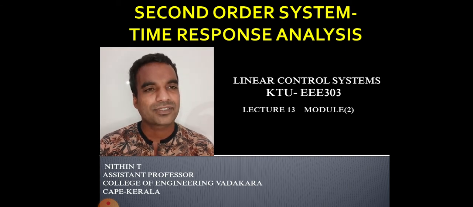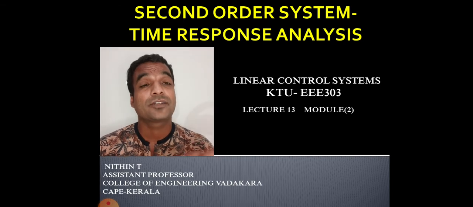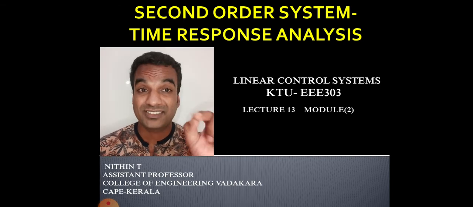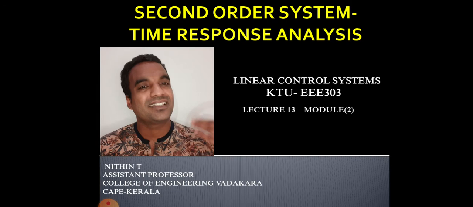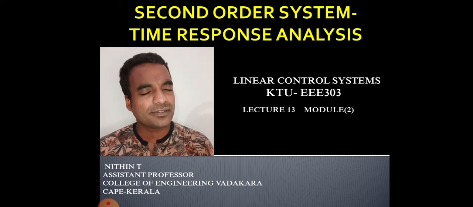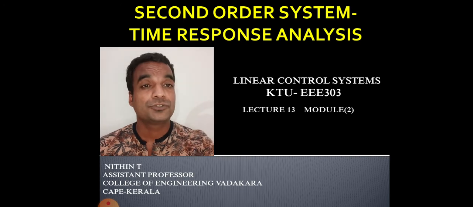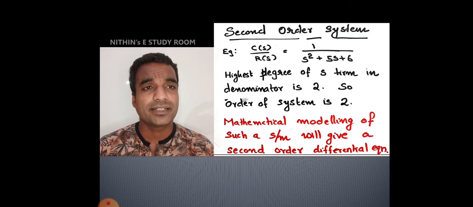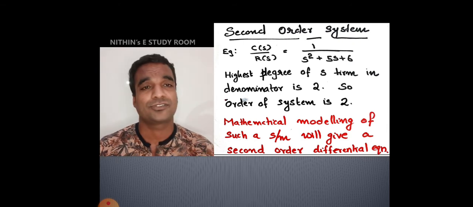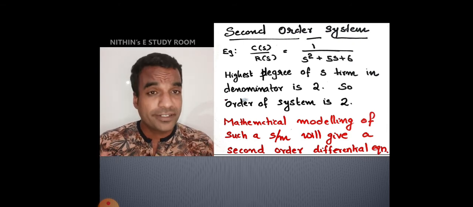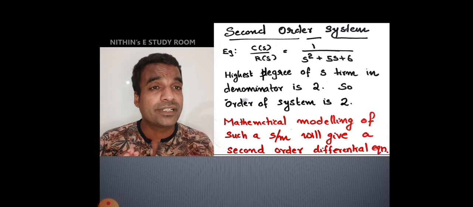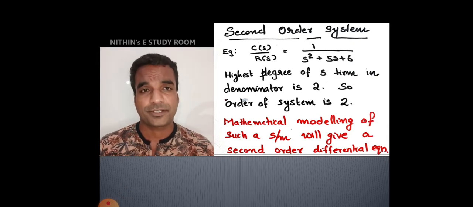If that transfer function is a second order transfer function, its denominator will have a highest power of s square. If it is a third order transfer function, its highest term will be 1 by s cube. So for determining the order, we have to check the denominator of the transfer function.